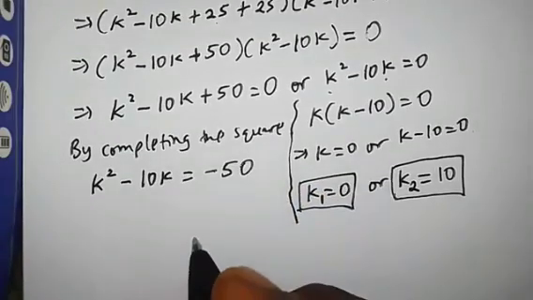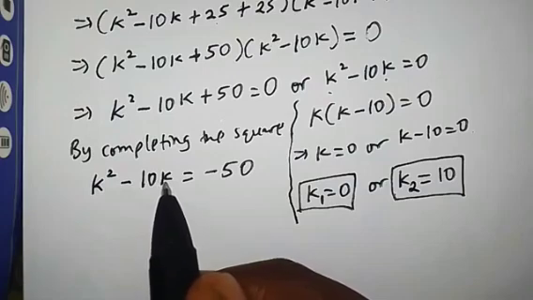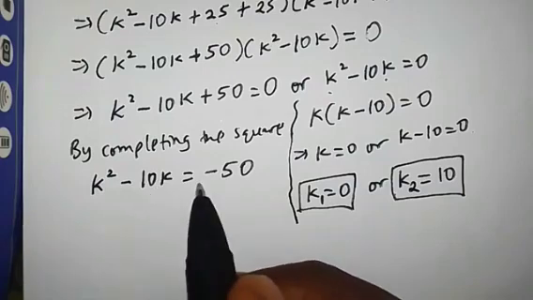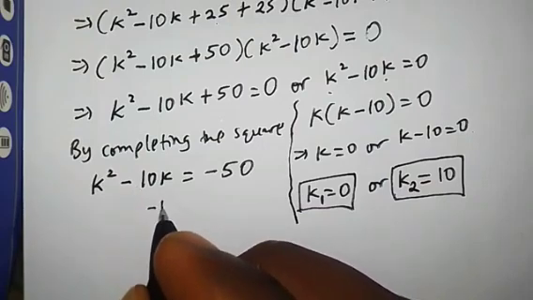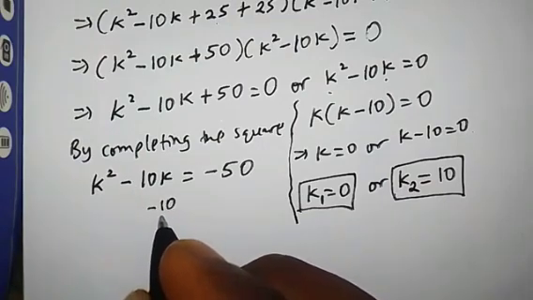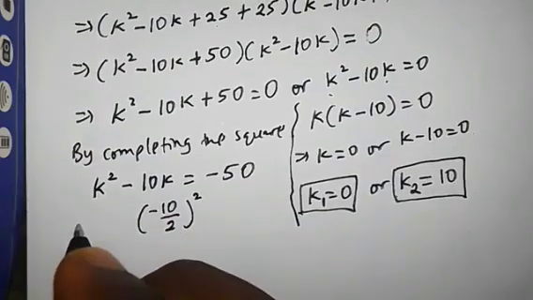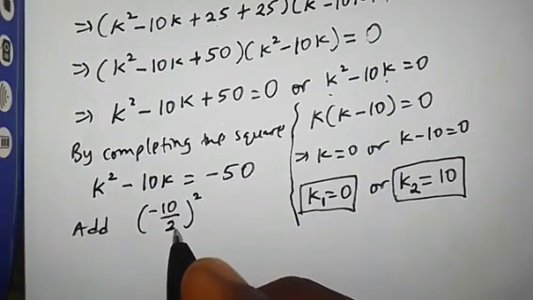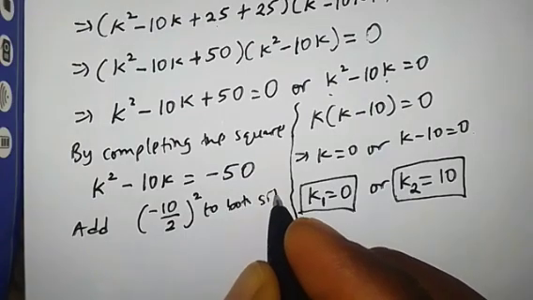The second step is that we are going to add the square of half of the coefficient of k to both sides. Coefficient of k here is minus 10. Half of it will be what? Minus 10 divided by 2, and we square it. So add (minus 10 divided by 2) all squared to both sides.